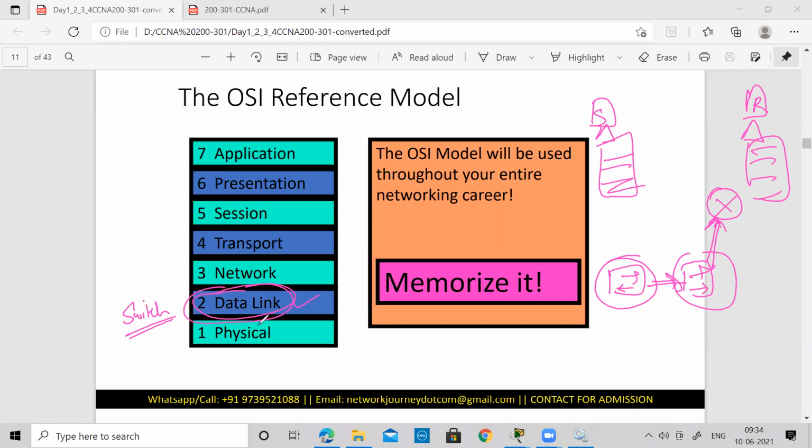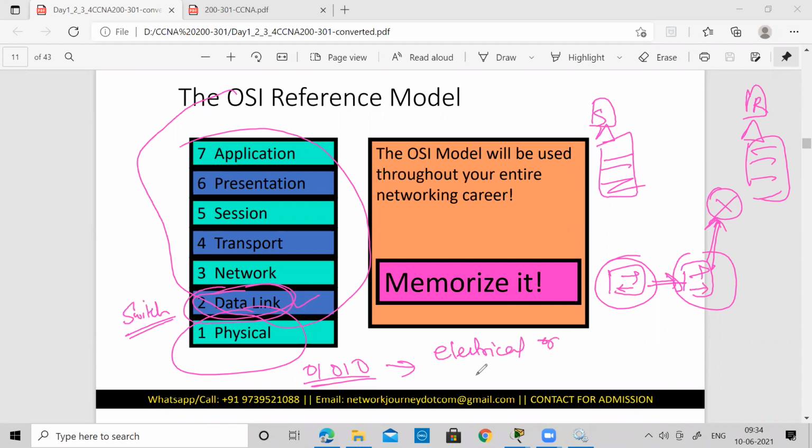And the last layer is physical, where everything is in the form of bits. All your data is converted to zeros and ones, and they are encoded to electrical signals or optical signals, depending on the kind of cables you are connecting.